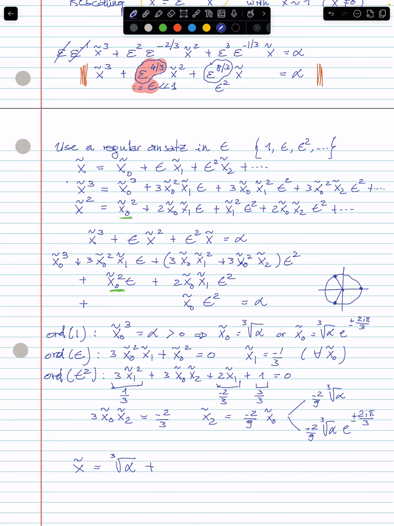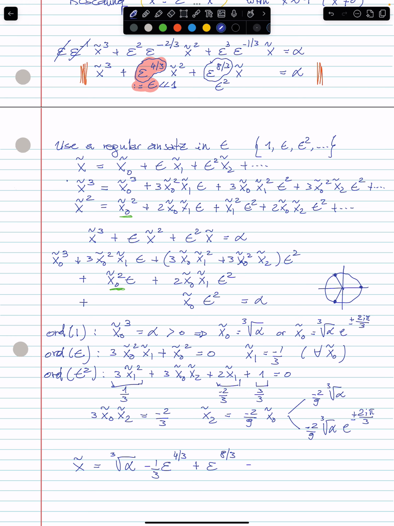So it means plus epsilon to the power 4/3 multiplied by x1 tilde, which is minus 1/3, and then we have plus epsilon to the power 8/3 multiplied by x2 tilde, which is minus 2/9 multiplied by cubic root of alpha.